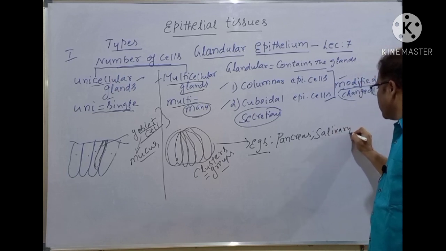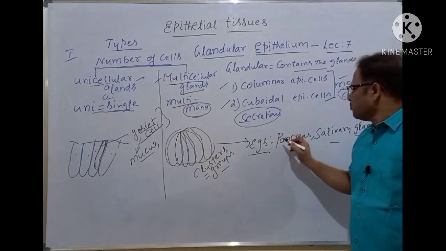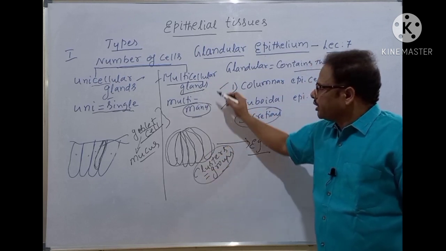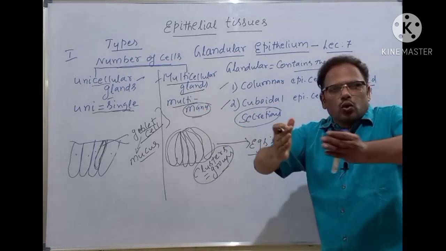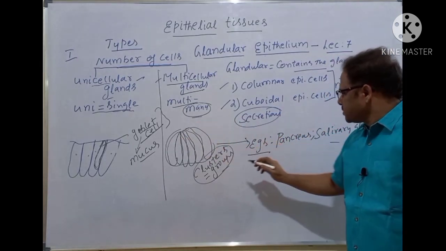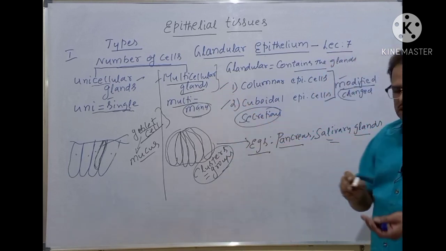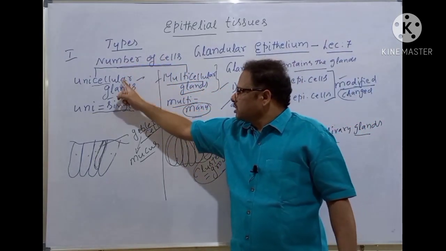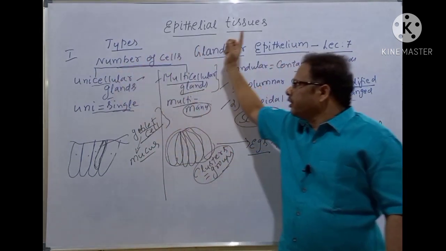All these are groups of cells present in clusters, and that is an example of the multicellular glands. Examples: pancreas, salivary glands, sweat glands, etc. So basing on the number of cells, unicellular glands and multicellular glands. That is the first categorization of the glandular epithelium.